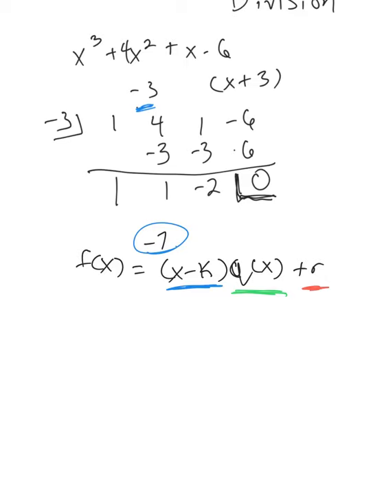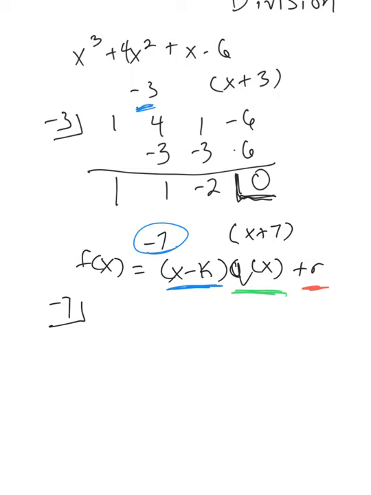So let's try it now. Let's say we have -7 here. And just a quick reminder, if we had a -7, our factor is not x minus 7, it would be x plus 7.